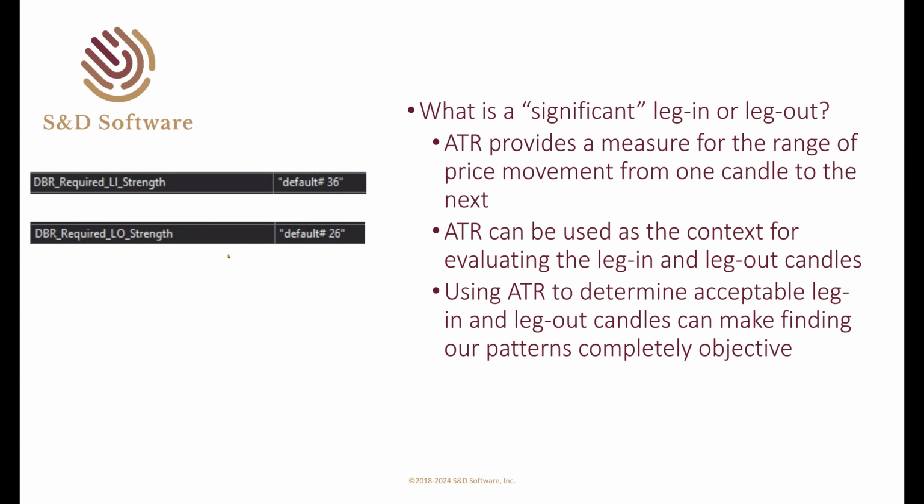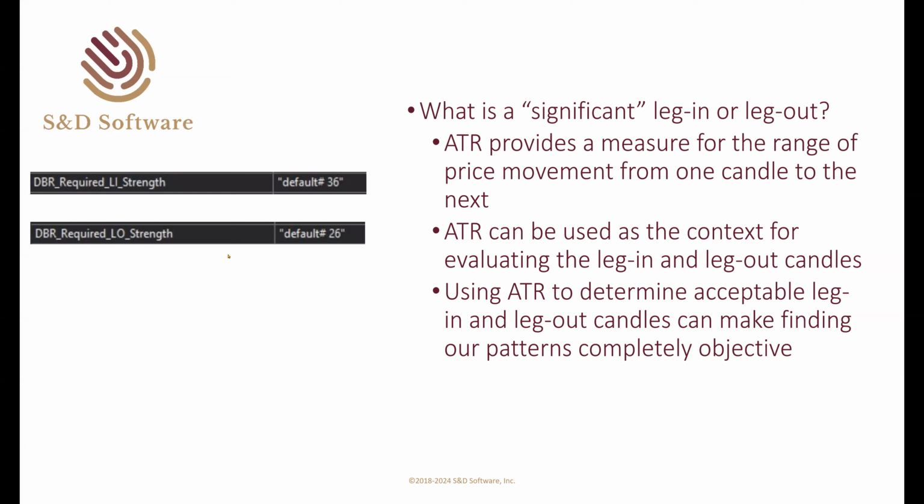So that shows that there was an abrupt move out of our base, and that was at least 25% greater than the average move that we've been seeing at that point in time. So that is what we use by default for the minimum acceptable leg out strength.